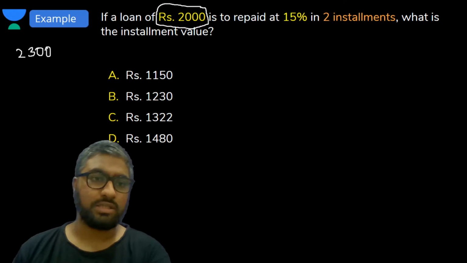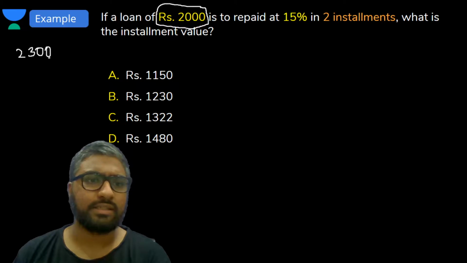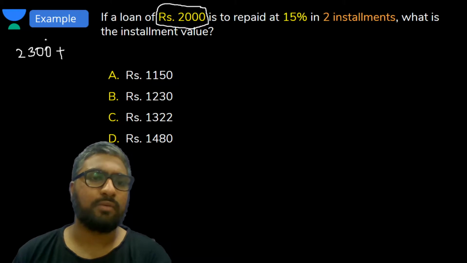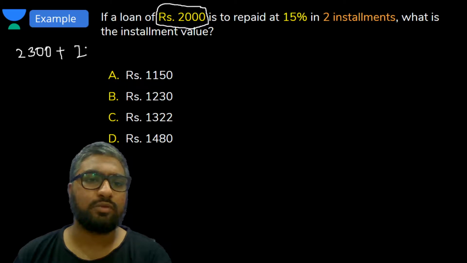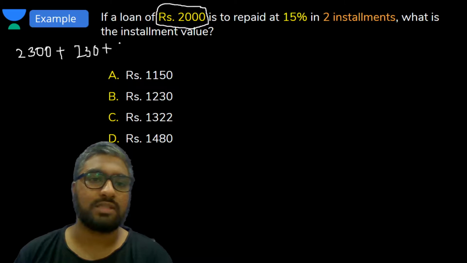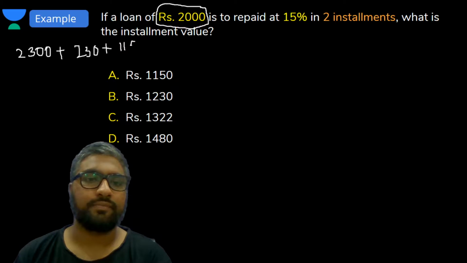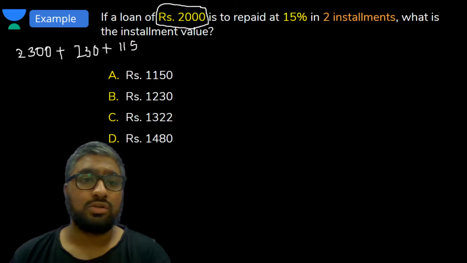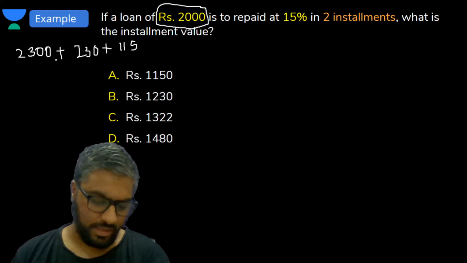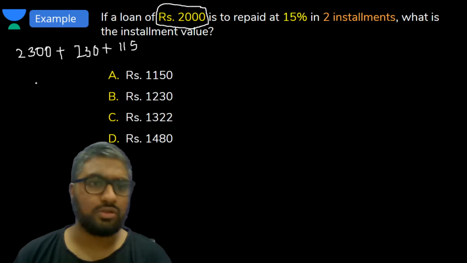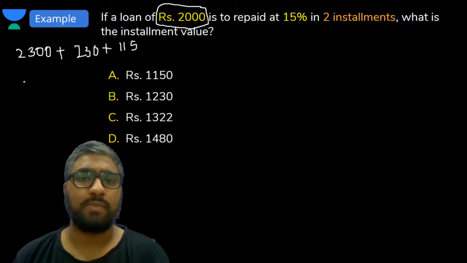Which would be how much? 10% would be 230. 5% would be how much? Half of 230, that's 115. Add all of this. How much would you get? 2645. Correct?